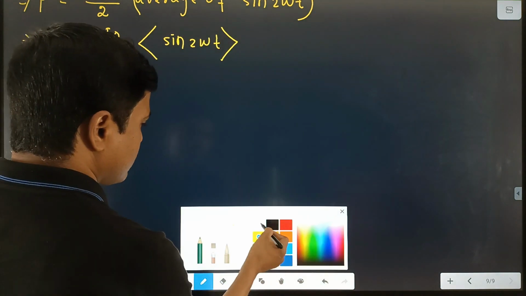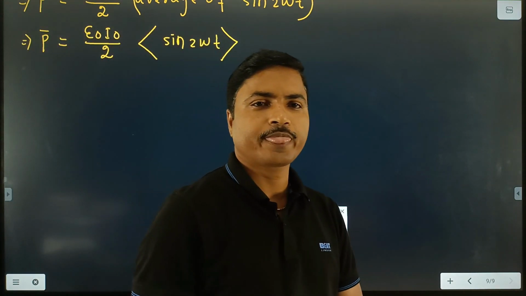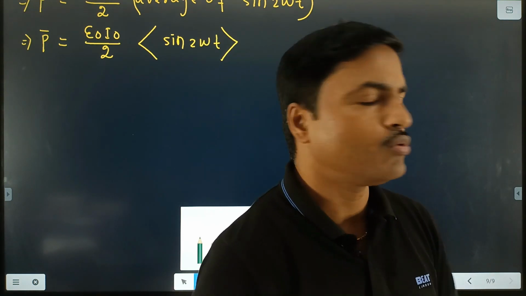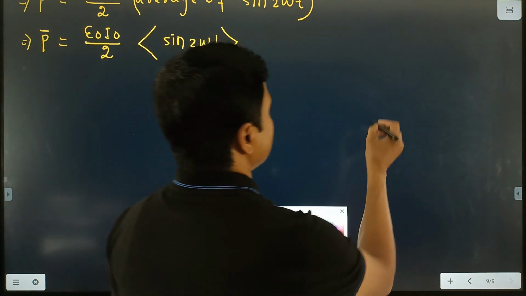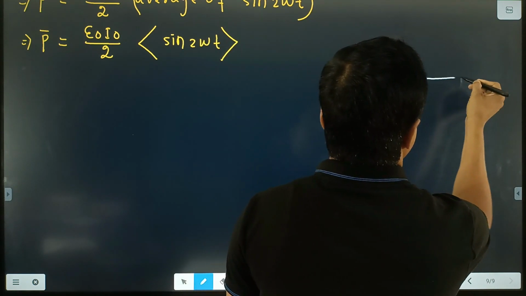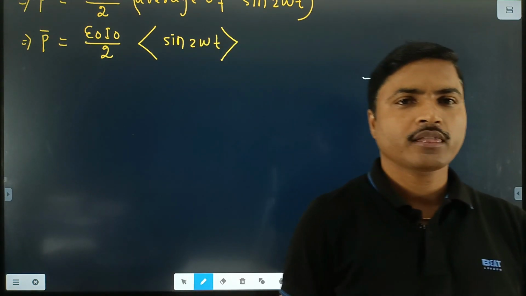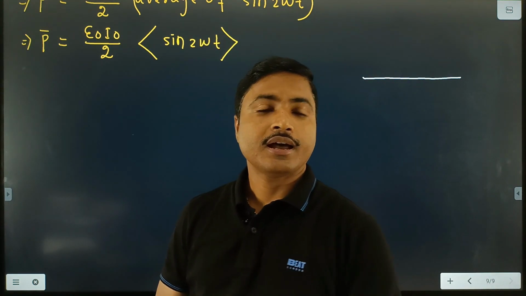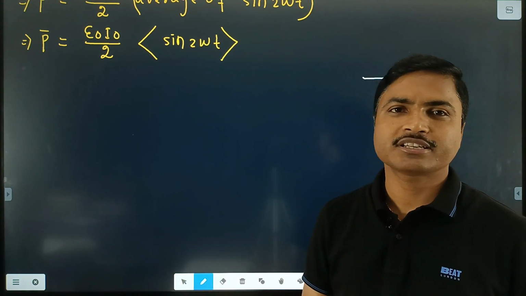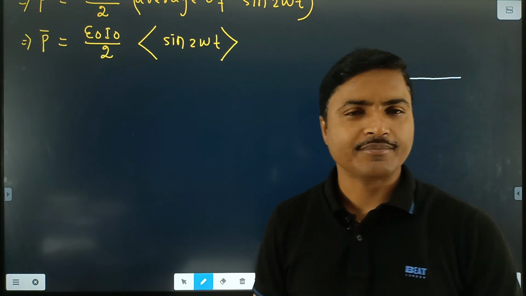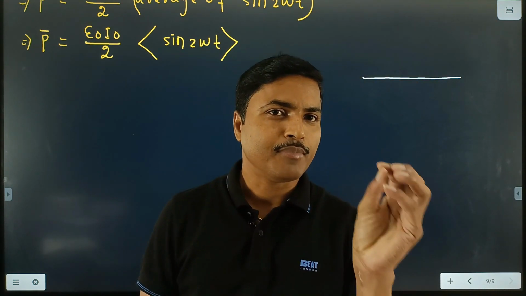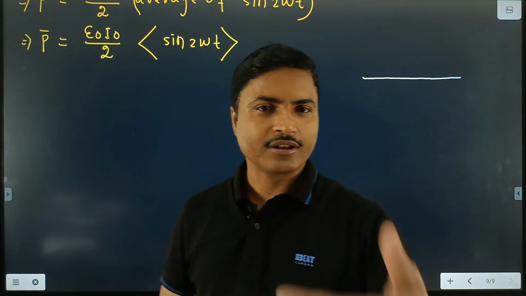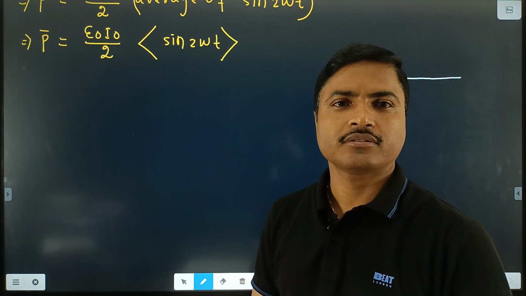Then what is the average value? How will you calculate the average value of sin theta or sin 2 omega t for a full cycle? Suppose in a classroom 4 students are there and the masses of the 4 students are not the same, then what is the average value? In this case the masses of all the students are different, so we will calculate the average value of mass.